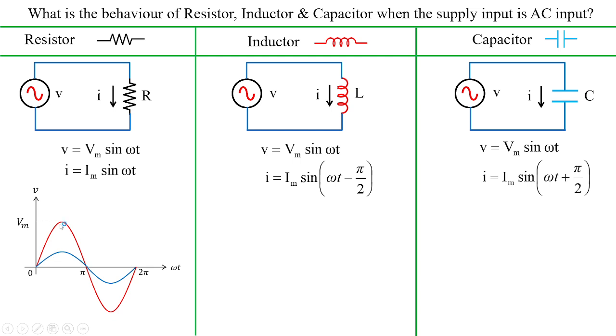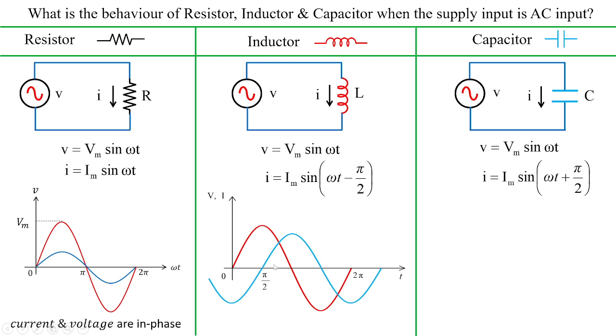You can see the voltage and current waveforms, their starting points and ending points terminate at the same level, whereas the amplitude is changed, because of the resistor. So for the resistive circuit, current and voltage are in phase.